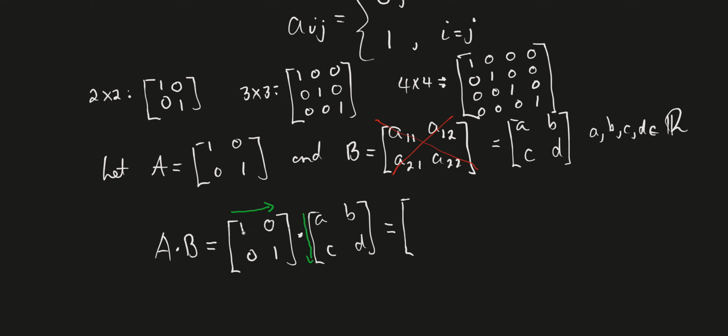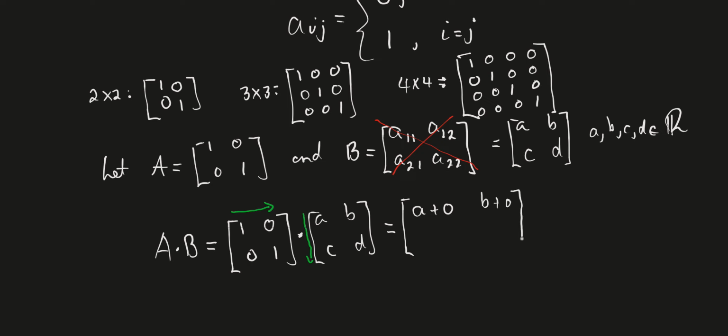So if I take the first row and the first column and do that special dot product, I'll have 1 times A, so that's A, plus 0 times C, so that's 0. And then repeat the process. First row, second column, I'll have 1 times B, so that's B, plus 0 times D, so that's plus 0.